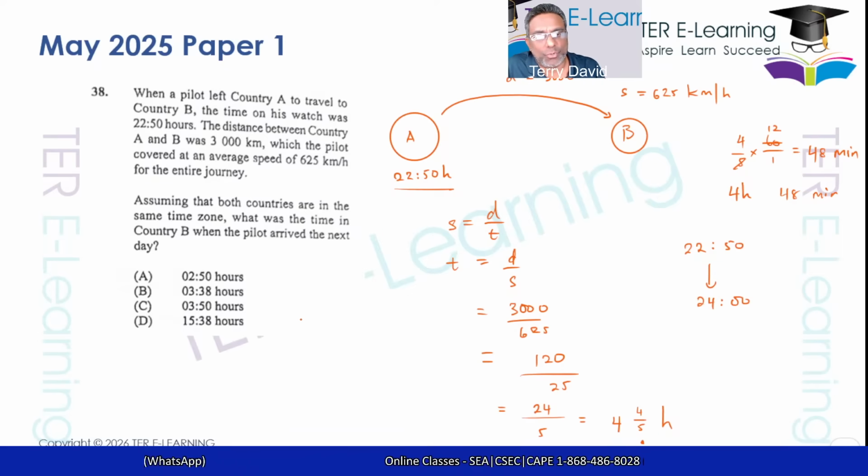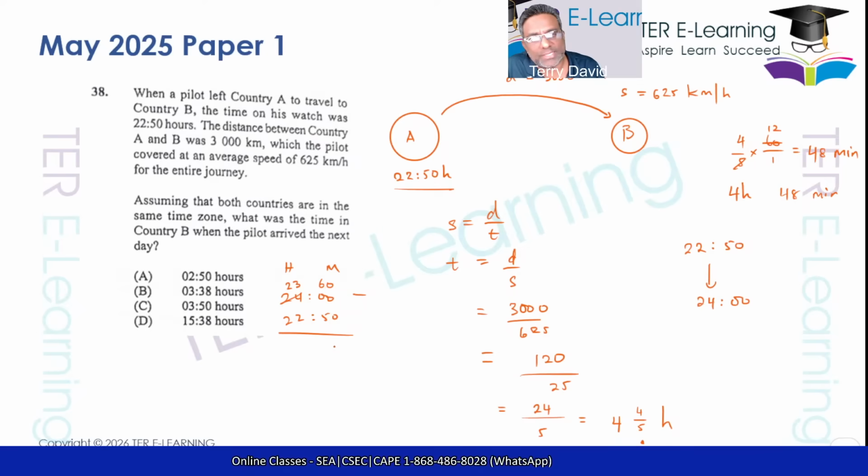So I'll take 2400 hours minus 2250. So let's borrow from this here. This is hours, this is minutes. So this will become 23 hours. But when you borrow 1 hour, that's 60. So 60 minus 50 will give us 10. So this is 1 hour and 10 minutes. So from here to here, that is an hour and 10 minutes.